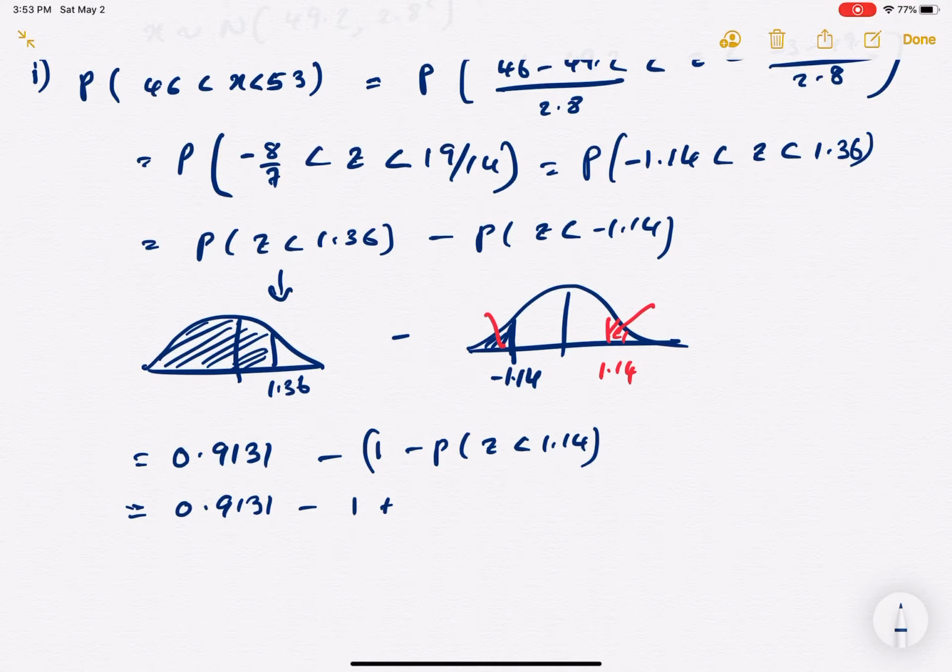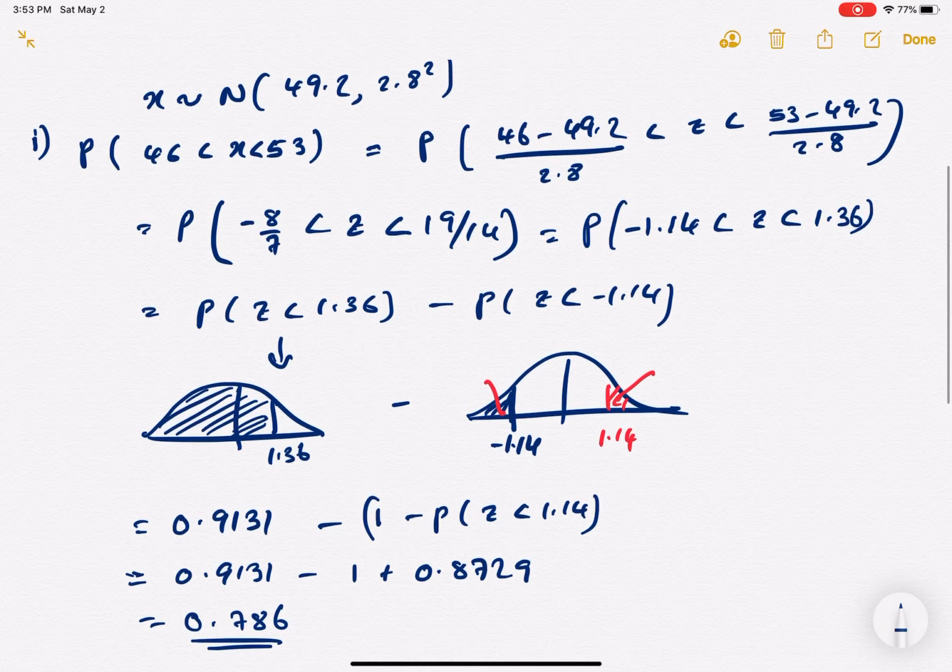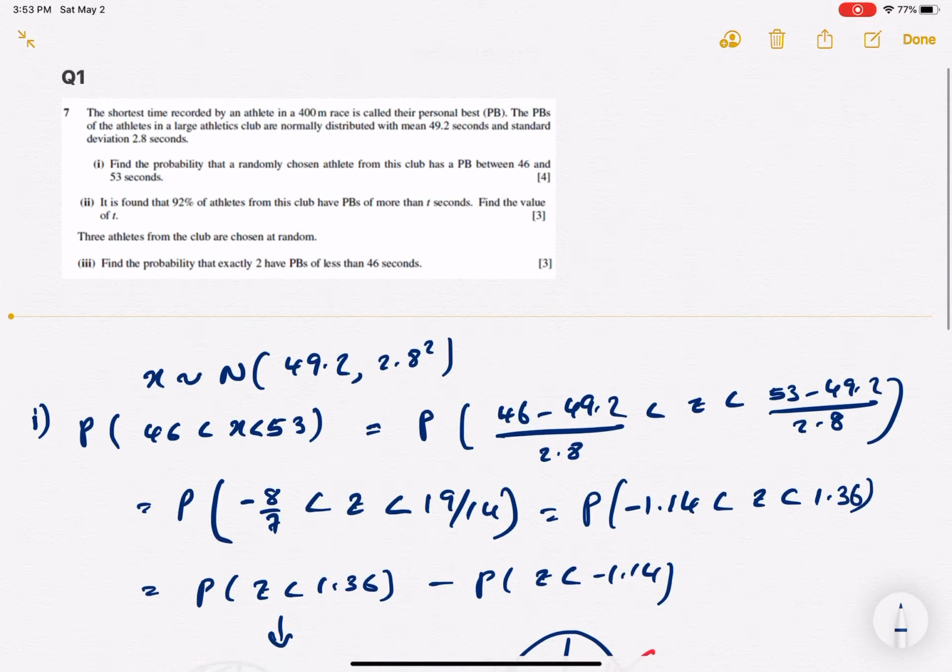The value for 1.14 from the normal table is 0.8729. So this should add up to 0.9131 minus 1 plus 0.8729, which is 0.786. That should be the answer for the first part, where it lies between 46 and 53 seconds.